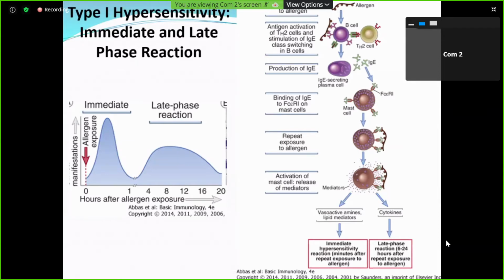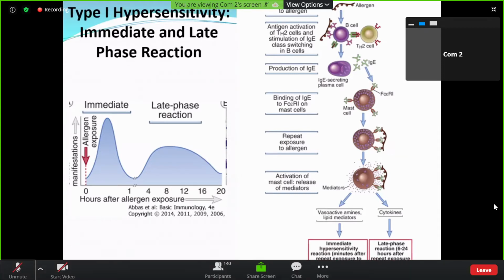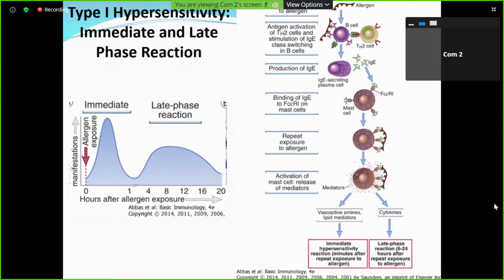Remember, anaphylatoxins are substances which induce anaphylaxis. Anaphylaxis refers to the most severe form of immediate hypersensitivity. So these anaphylatoxins are chemotactic for drawing in neutrophils and eosinophils. They induce mast cell degranulation and IgE promotion, so they increase or promote this type of response.